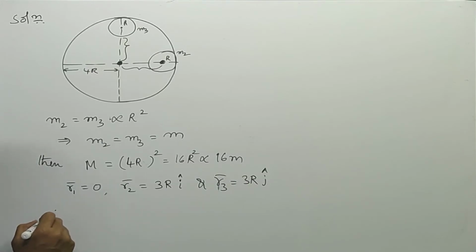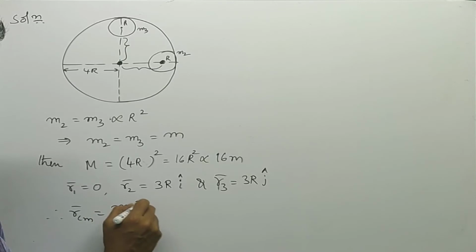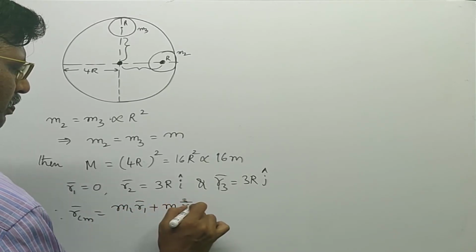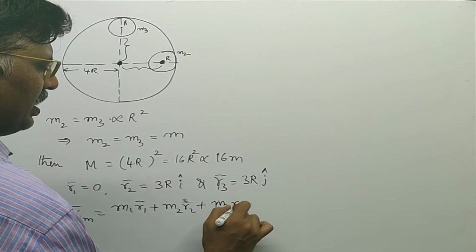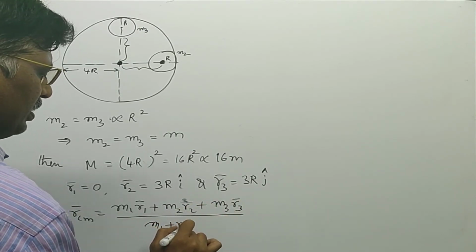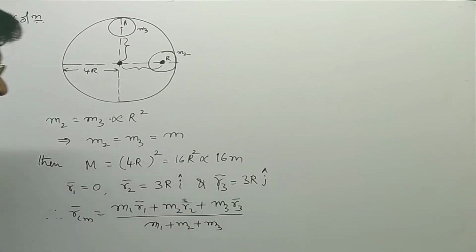Now by the formula, RCM bar can be written as m1 r1 bar plus m2 r2 bar plus m3 r3 bar whole divided by m1 plus m2 plus m3.